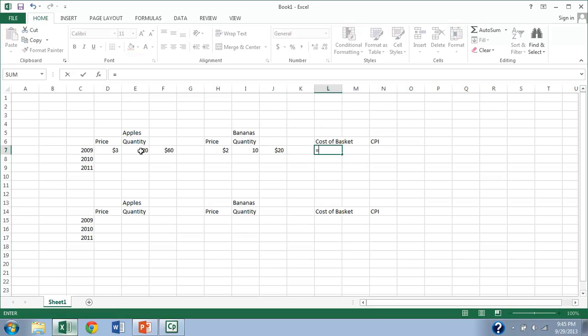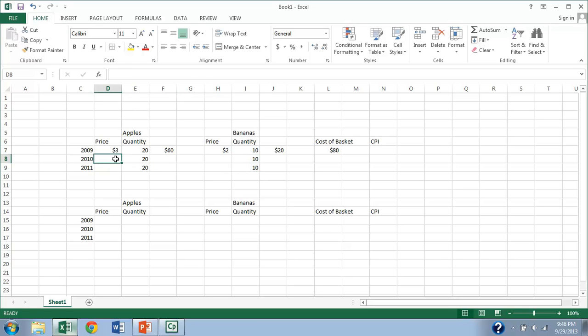So the total cost of the basket, of course, is the amount they spend on apples plus the amount they spend on bananas. And then in our later years, prices are going to change, but the basket does not. So I'm just going to keep those basket quantities the same.